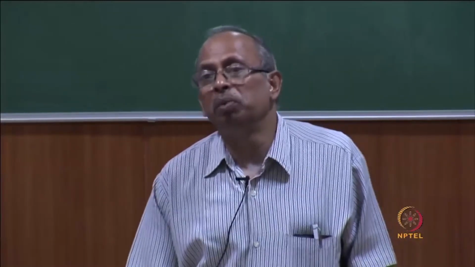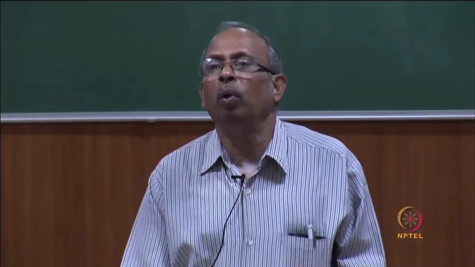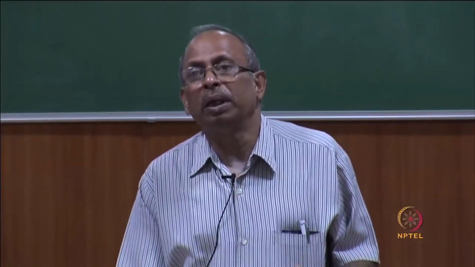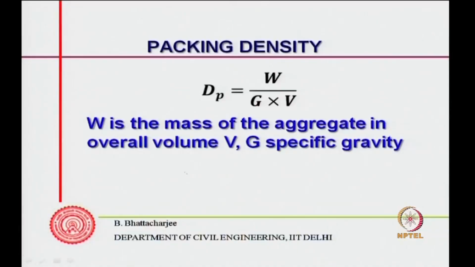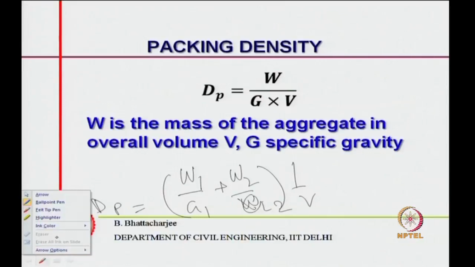When you are mixing two of them together, the volume of each individual one you can find out, and the sum total of each individual component divided by the overall volume V will give you the packing density. It can be written simply as (W1 by G1 plus W2 divided by G2) times 1 by V. So, that will be your packing density.